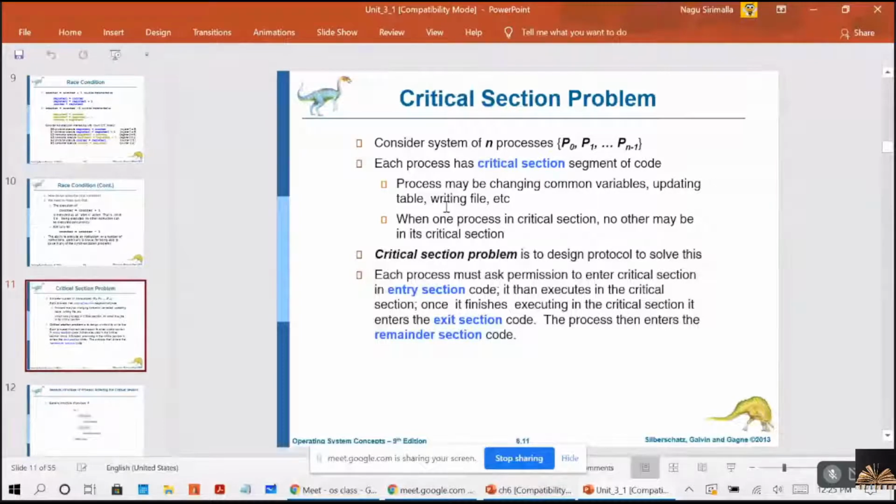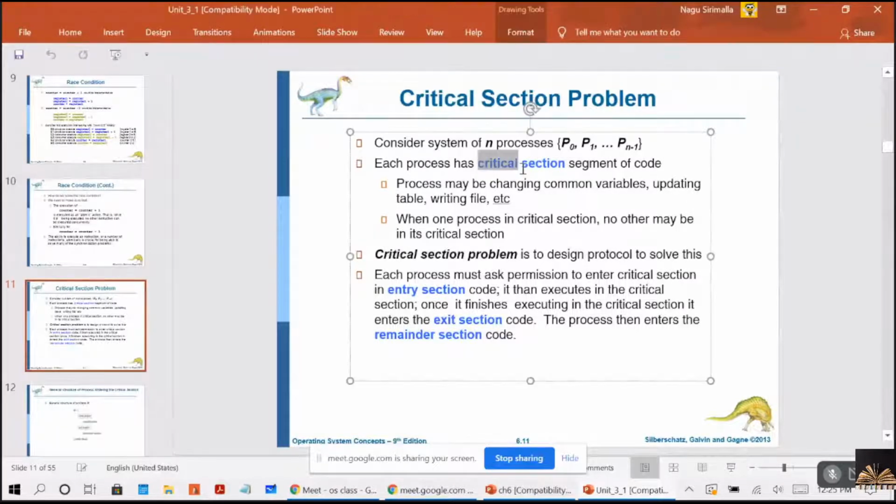Each process has a segment of code, and you can call that code the critical section. In it, the process may be changing variables, updating the table, or writing the file, or whatever it is doing. Now, while one process is executing in its critical section, no other process is allowed to execute in its critical section.